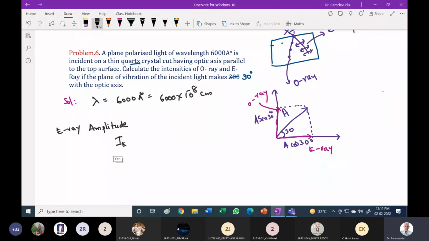Instead of IE, I can write A sub E as the amplitude. Here the amplitude is A cos 30 degrees. A is not given as a length of the vector, so I'll keep it like this and write cos 30. And what is the value of cos 30?